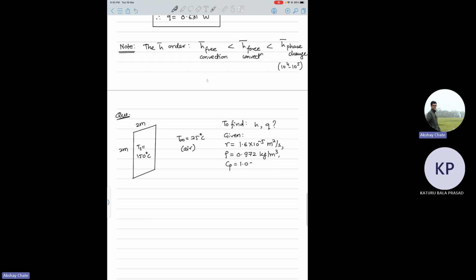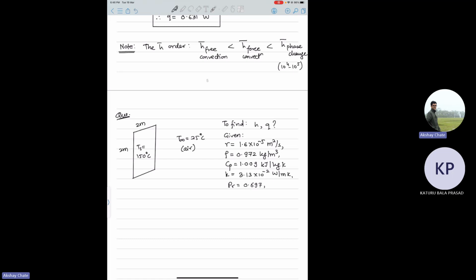Cp is 1.009 kilojoule per kg Kelvin. K is 3.13 into 10 to the power minus 2 watt per meter Kelvin. Since it's air, the Prandtl number is around 0.7.